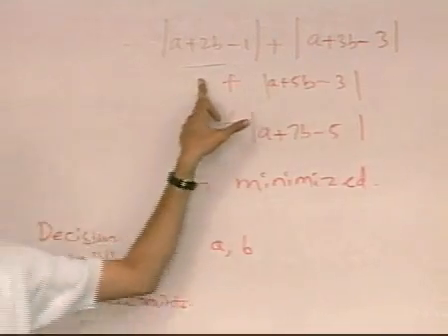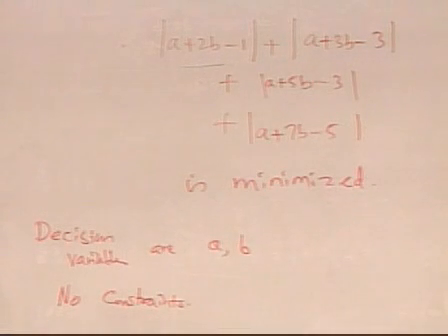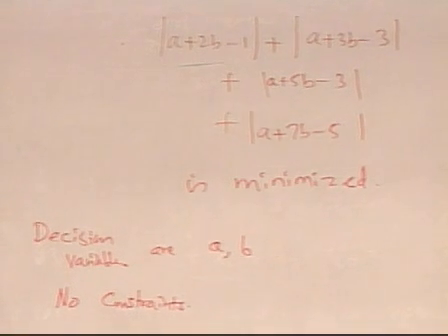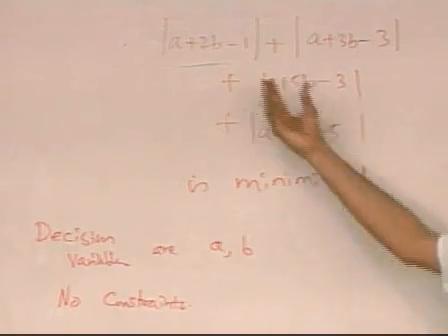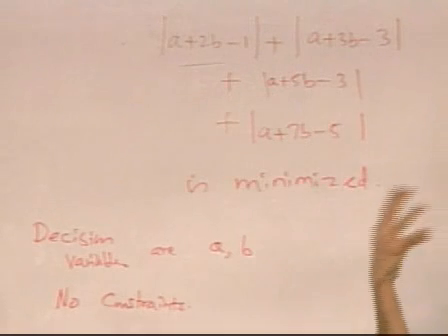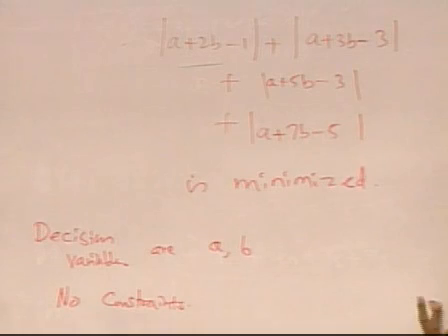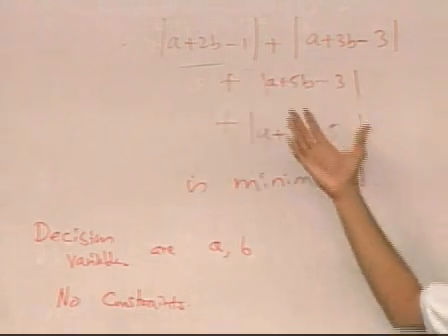So what does nonlinear mean? Typically, if I take a certain term, and if my A and B are scaled, that term has to scale, but that doesn't happen here.